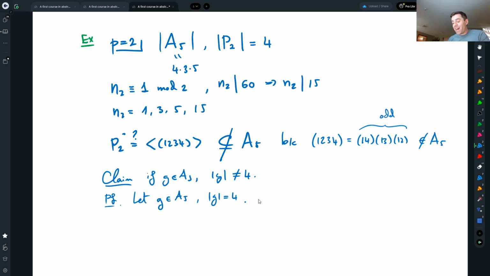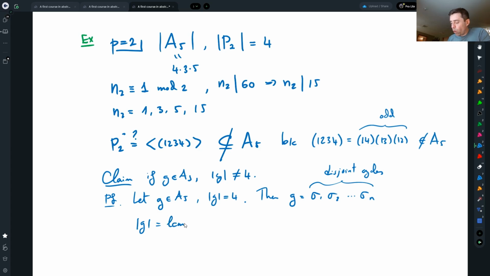Then g has an expression as a product of disjoint cycles, g = sigma 1, sigma 2, ..., sigma n, and the order of g will be the LCM of the orders of each one of those, for i from 1 up to n.